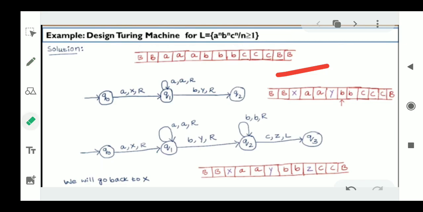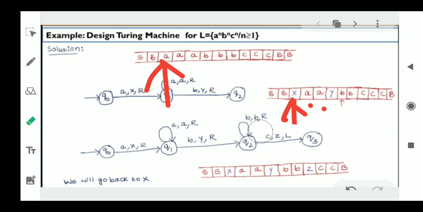So we'll see now how we are designing the machine. Similar to our previous example, here we are going to scan our first input symbol small a, and we replace that small a with capital X. After that, if any number of a's are encountered, we will not replace anything in the place of small a.